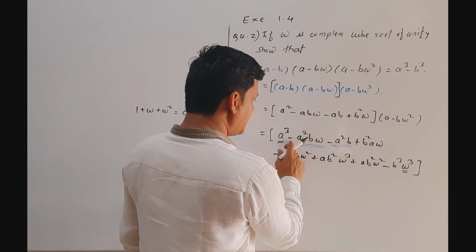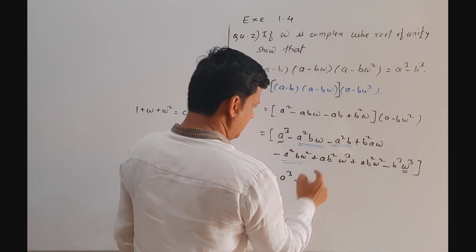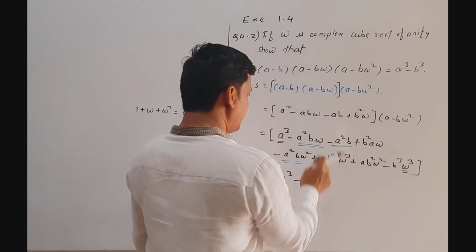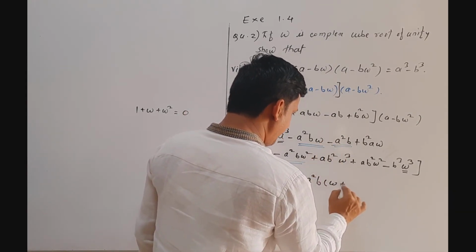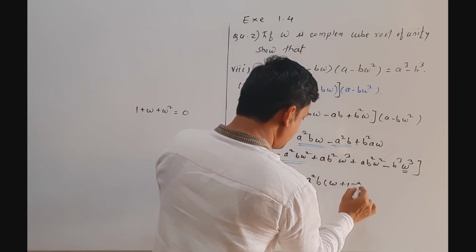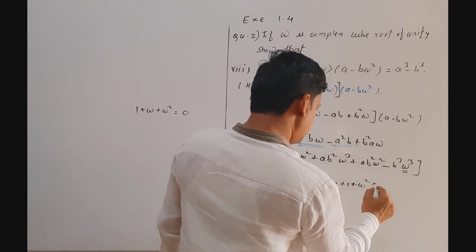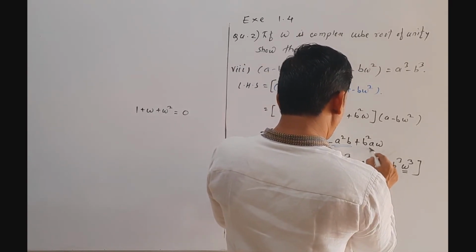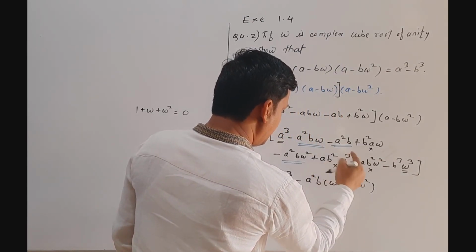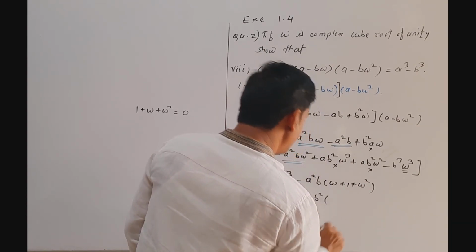We take minus A square B from these marked terms. So we write here A square B in bracket. Here is omega plus, here is 1, here is omega square, because we take minus A square B common. Then from these three terms we take common AB square, so we write here plus AB square in bracket.